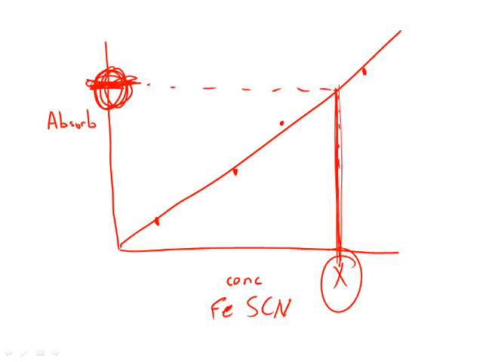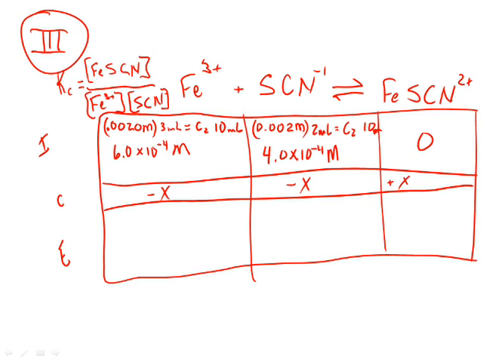You're measuring the concentration of this at equilibrium. So really, what you are finding when you measure that is X. You're finding the concentration of the iron thiocyanate ion after it comes to equilibrium, and that is X.